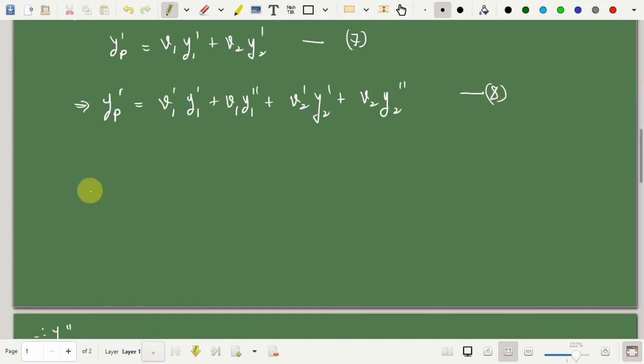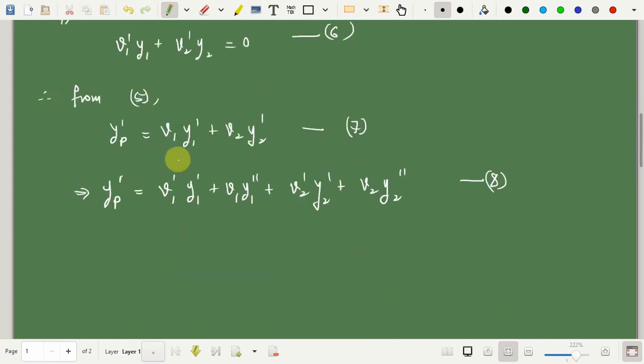Now I'm assuming that this yp is a solution to equation 1, so it should satisfy equation 1, and from there we would get one more condition. Along with that we can take this 6 and solve it.